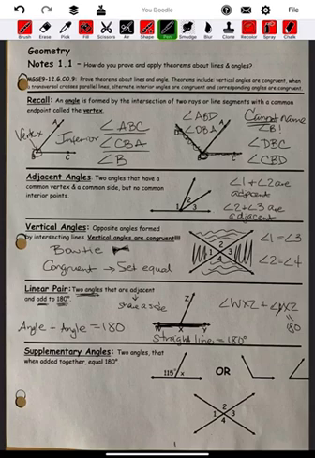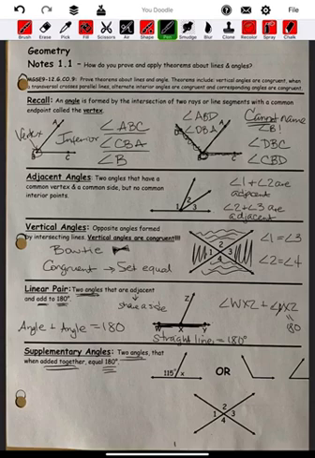And then the last part we're going to talk about is supplementary angles. Supplementary angles are two angles that, when you add them together, give you 180. Based off what we just talked about, a linear pair are also supplementary, so you'll see that go interchangeably.